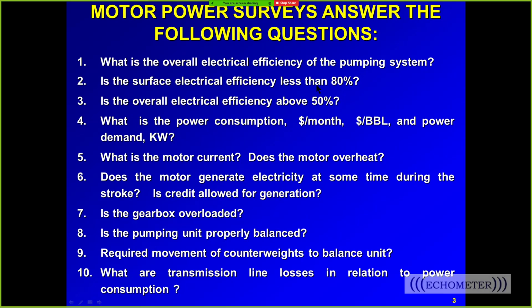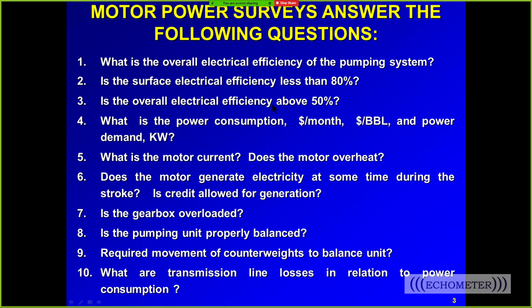So you should expect to see around 80% efficiency of the surface equipment if your motor is normally loaded and not lightly loaded. We'll talk about all that during this presentation. When you look at the input power, usually about half of the power that you input to the system is used to lift the fluid to the surface.